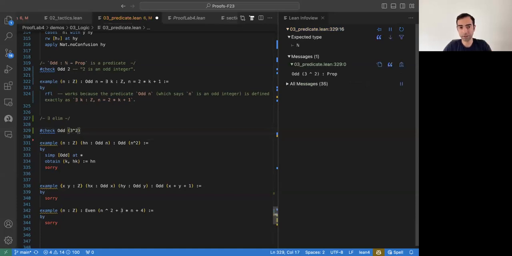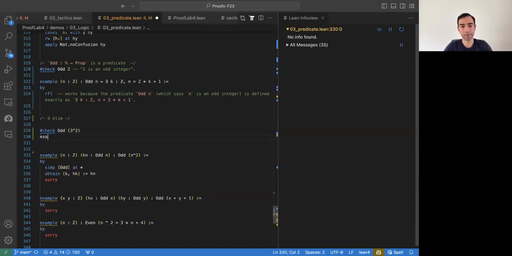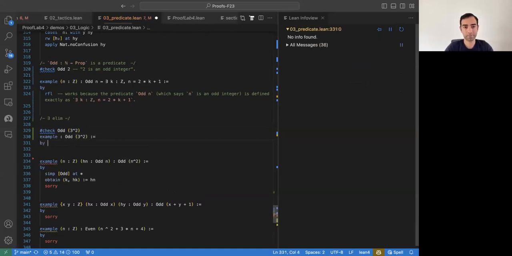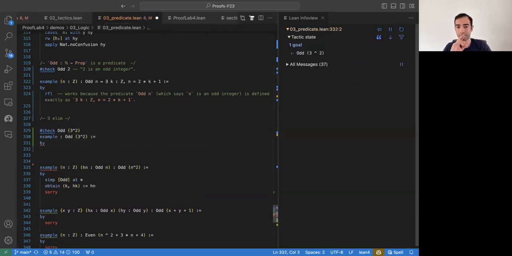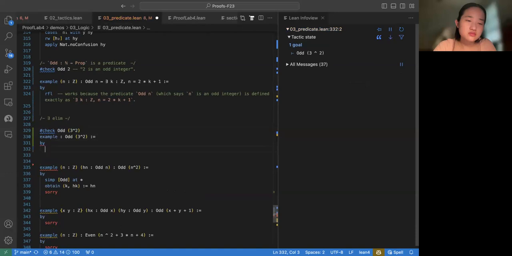So this is a proposition, and if we wanted to prove this, how do I prove it?